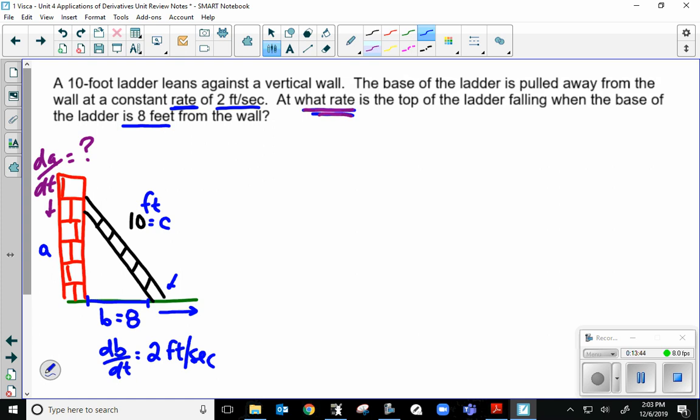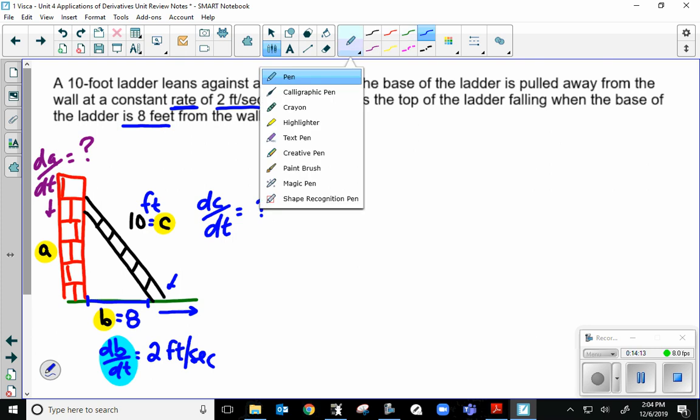Right now I have an A, a B, and a C. I have a dB, which is my rate. I don't have a dC though, do I? They don't ask us for it, but it seems like maybe I should know that.